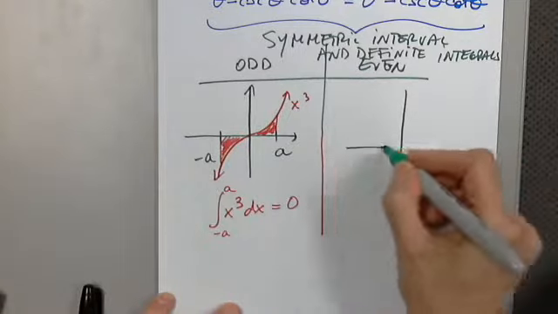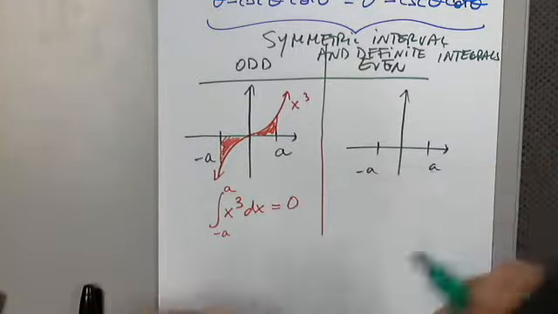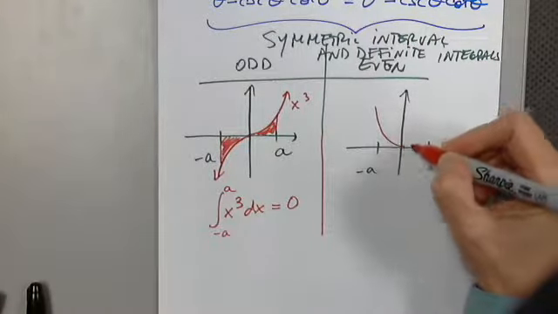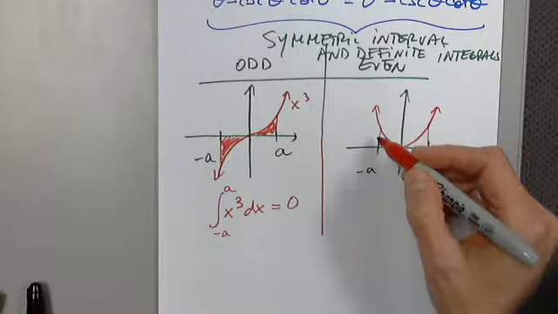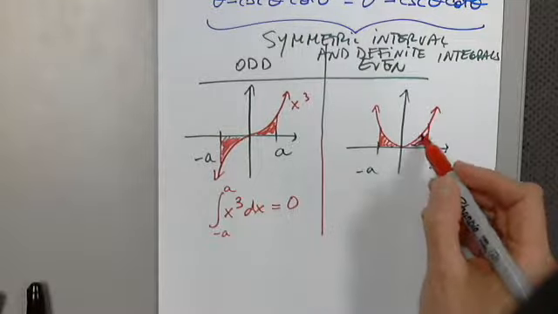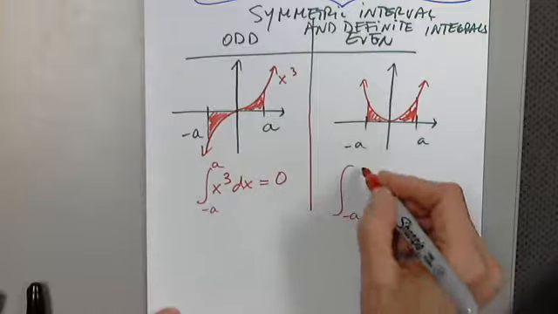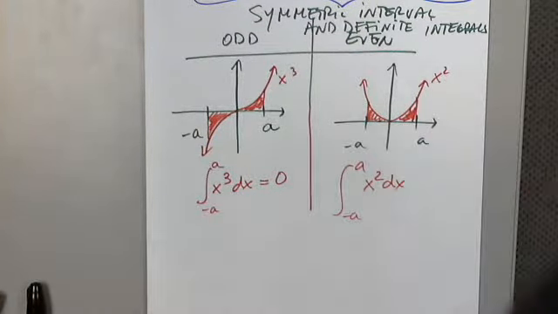So let's take a look at the other one now. Can anyone give us an even function on the interval negative a to a? X squared. X squared indeed. So here is the area. The interval is symmetric, and the integral from negative a to a of x squared dx. What would you say?